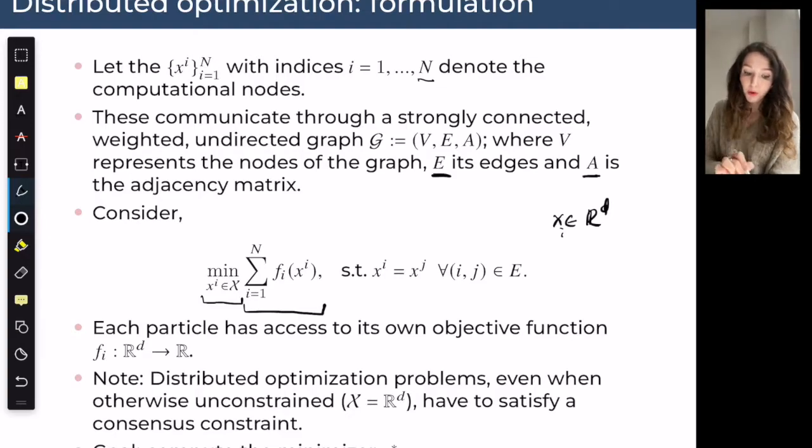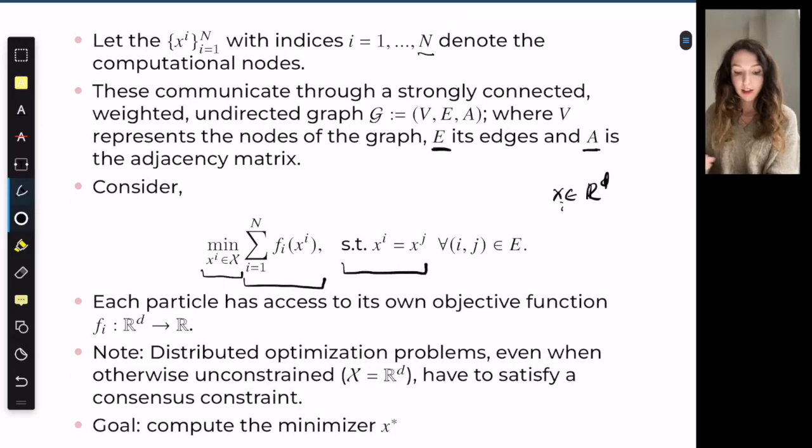So we want to minimize this sum of fi's over all of the i's in our system. And additionally, we have this consensus constraint, so we want each of the xi's to have the same value. So each xi is equal to the other xj's in the system.